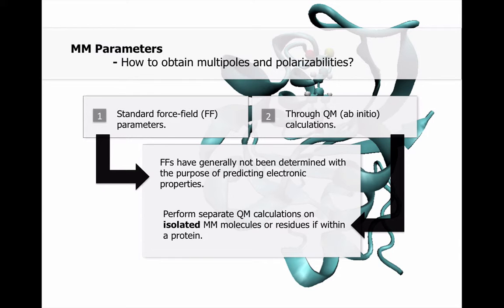So the way we proceed is that we do separate QM calculations on a fragmented environment in order to extract the parameters that we need in order to define our embedding potential, that is, the charges, dipoles, quadrupoles, and polarizabilities, and so on, are calculated through ab initio calculations.